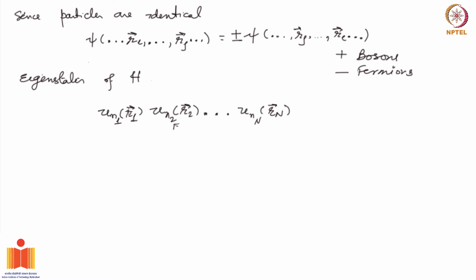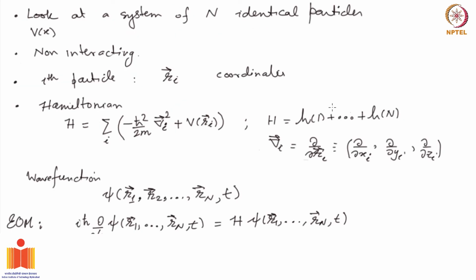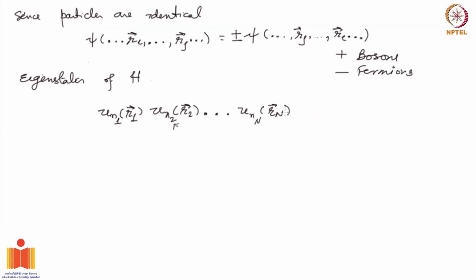That's easy to understand, because your Hamiltonian is just a sum of all the small h. When this sum is acting on the product of wave functions that I have shown you, you can easily see that you will again get an eigenfunction.